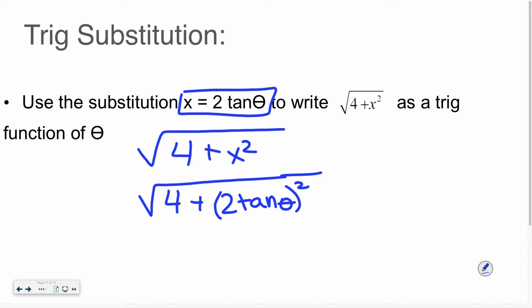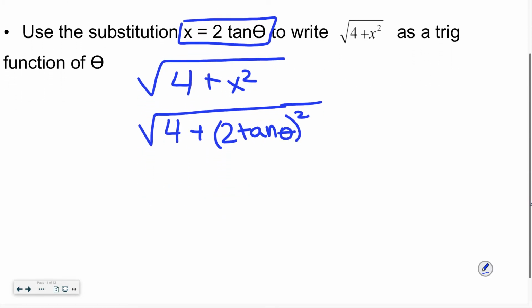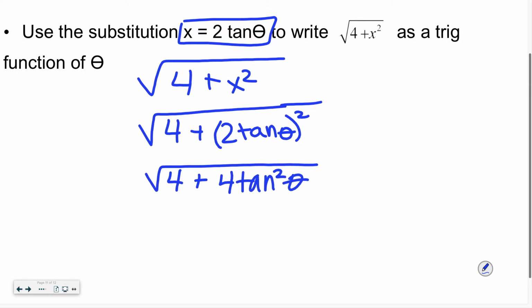Now, the issue is we cannot take a square root and break it up over addition or subtraction. Like the square root of 4 plus x squared, that's stuck. But watch what happens when we use trig identities. We can replace x with 2 tangent theta like they asked, and when we square it, it becomes 4 tangent squared theta.